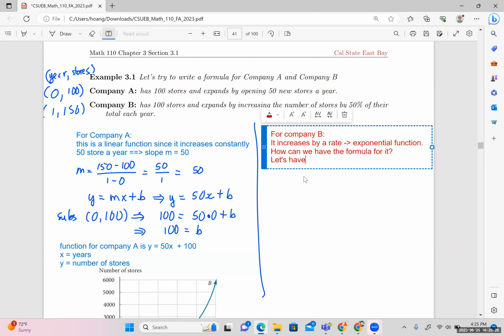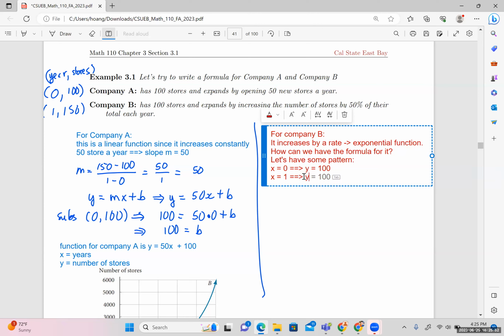Let's look for some pattern. Right. So let's say for 0 years, x equals 0, we have y equal to 100. Okay. We have x equal to 1.